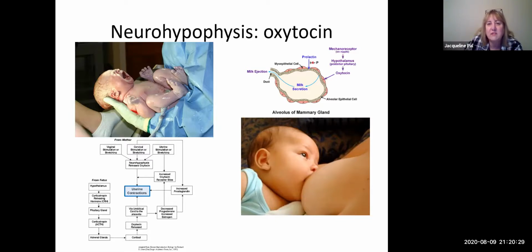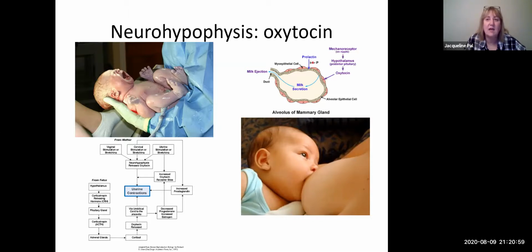The area where the milk is being stored in the breast is surrounded by little smooth muscle cells that the oxytocin will act on. So when the baby suckles at the mother's breast, that causes secretion of oxytocin, which then causes this smooth muscle to contract, which is the milk letdown reflex. So the milk is ejected from the breast.